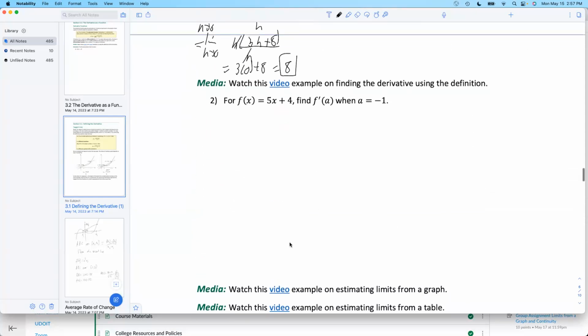Okay, let's do another example. This one's actually easier, but people have a little more trouble with it. So f prime at -1 should be, and you need to memorize this, limit as h approaches 0, f of -1 plus h minus f of -1 all over h.